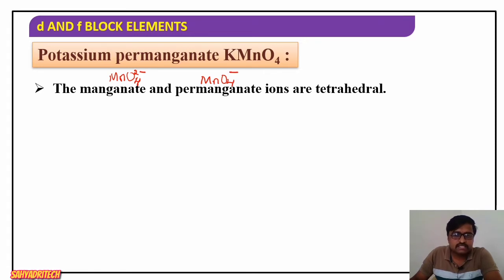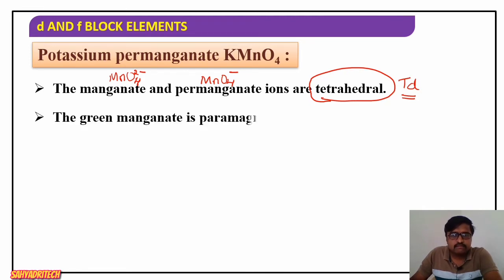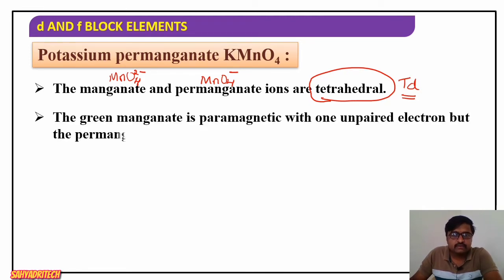If I consider the geometry of these two ions, both are going to have a tetrahedral geometry, which means in both cases manganese is present at the center, and the 4 oxygen atoms occupy the 4 corners of a tetrahedron.